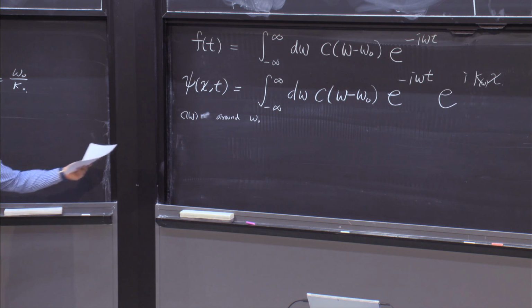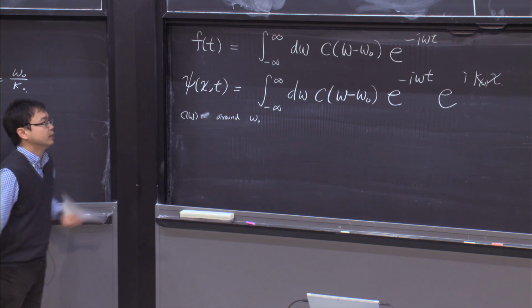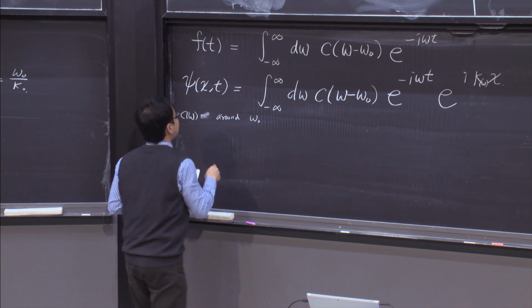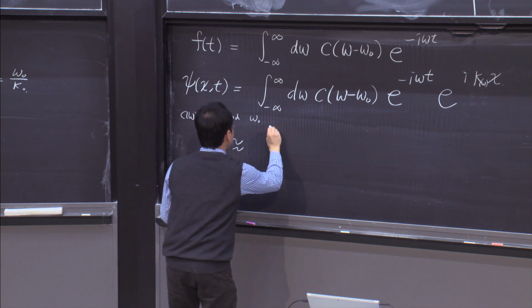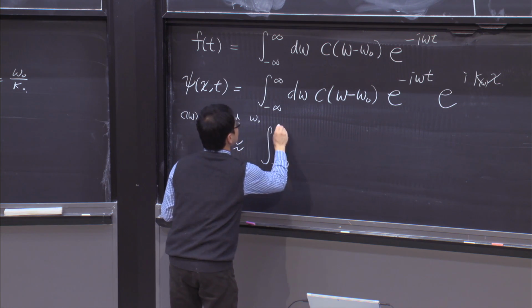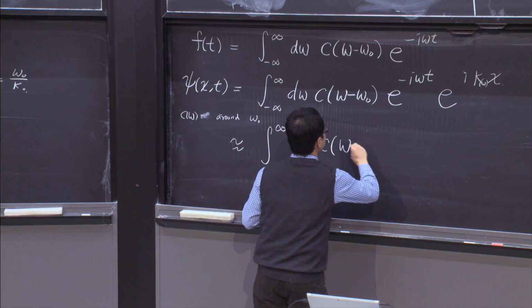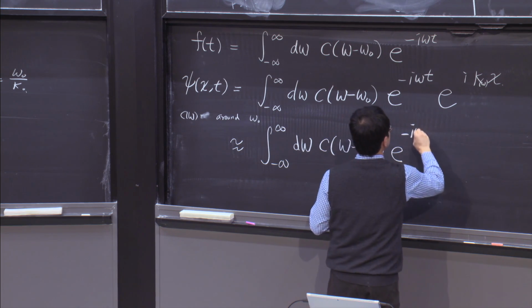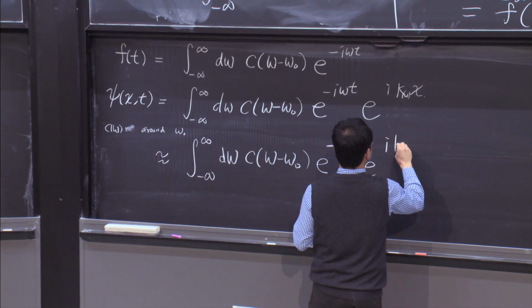If I take this assumption and propagate it into this formula, then I can write this psi function roughly like the integral from minus infinity to infinity d omega, c(omega minus omega 0), exponential of minus i omega t, exponential of i.